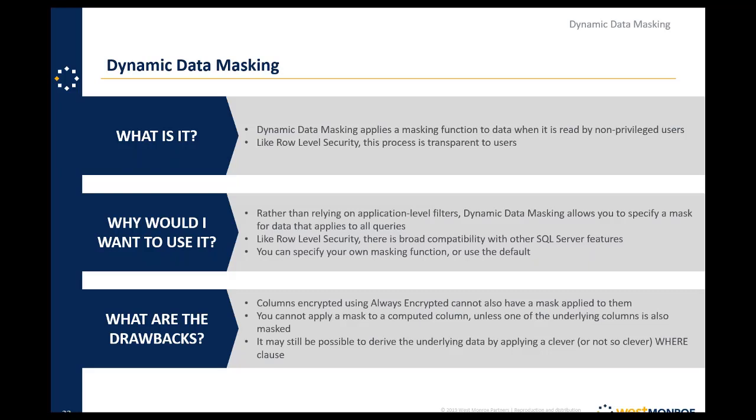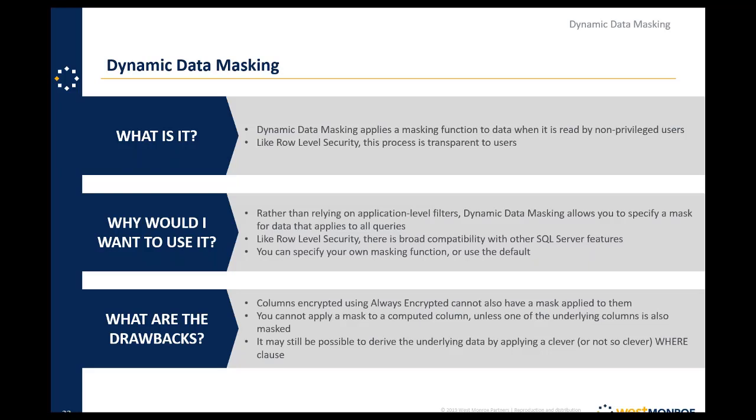I don't know for all of you how frequent or widespread the use of computed columns is in your databases, but this could be something to consider. And then this is where using dynamic data masking may not solve your problem of protecting the data as well as you'd like.